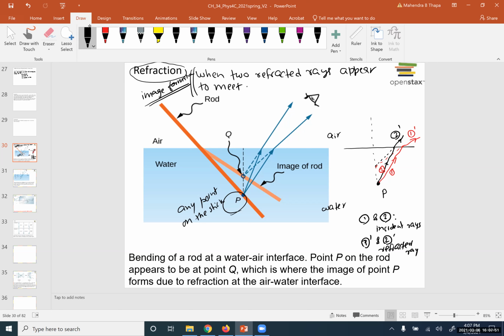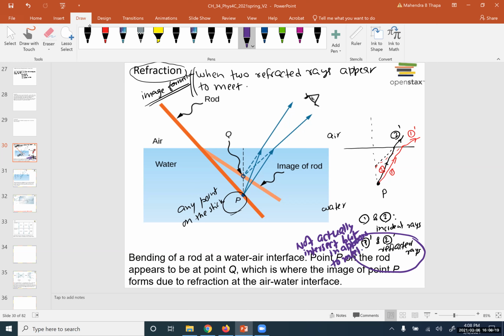You see here that the two refracted rays do not actually intersect, but it appears to meet.